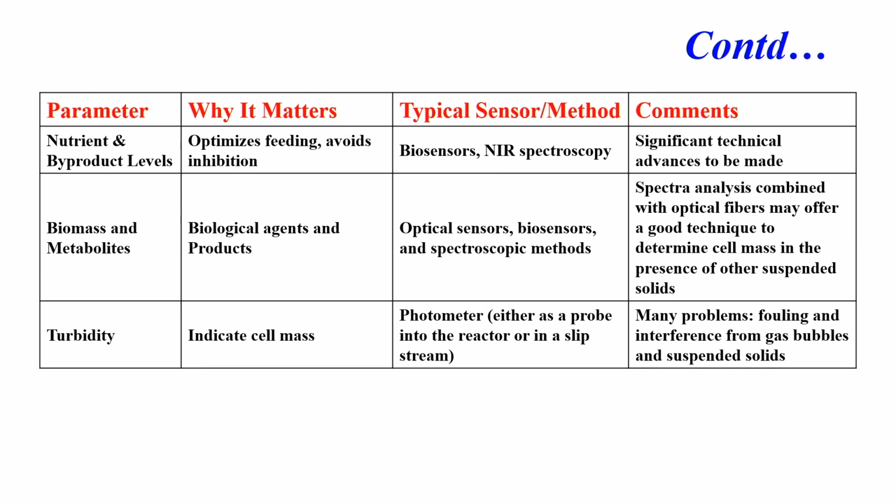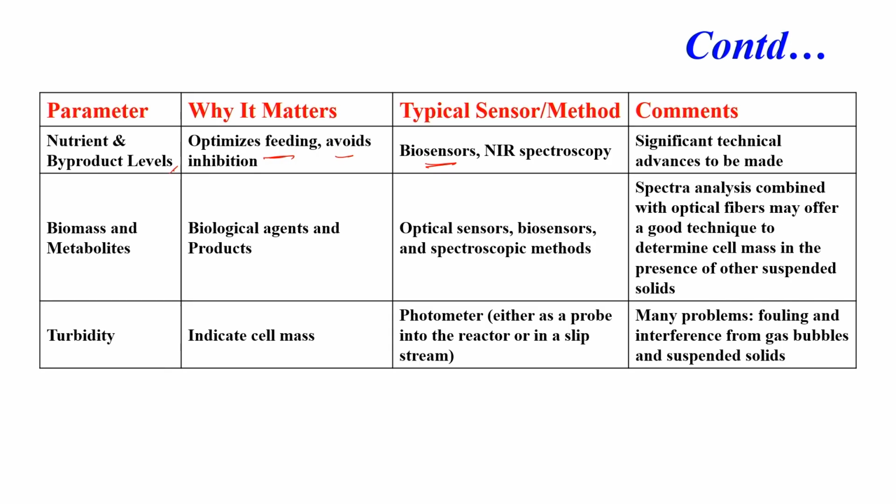Here I have listed a few biological parameters as well, like nutrients and bioproduct level. This is important for optimizing your feeding and avoiding substrate and product inhibition. As I told, many biosensors are very specific to a particular compound.